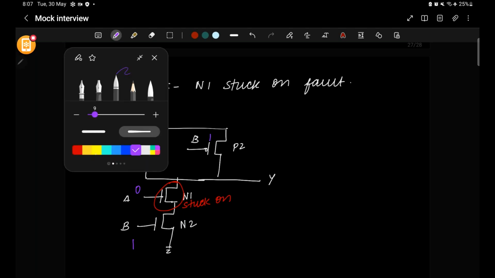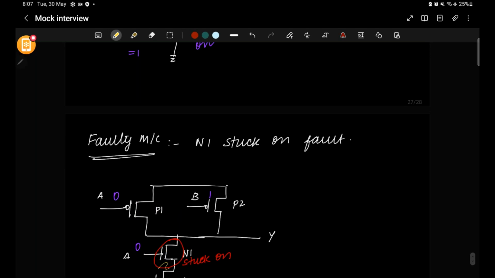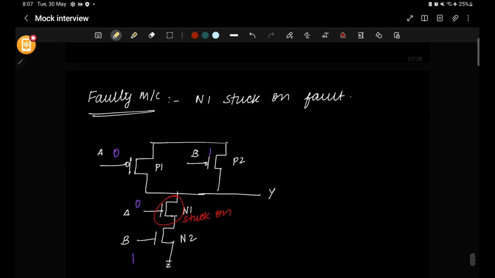So even though the input voltage is 0, as this N1 is stuck on, it will always be on. So what will happen? Through this path, this P1 is on, because PMOS is on when input is 0.